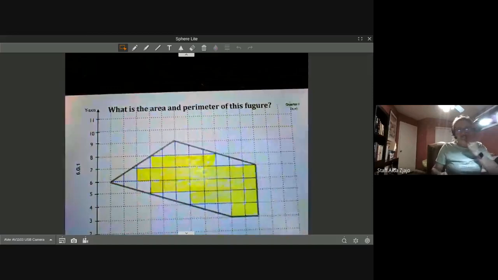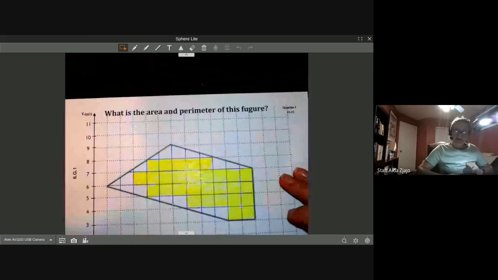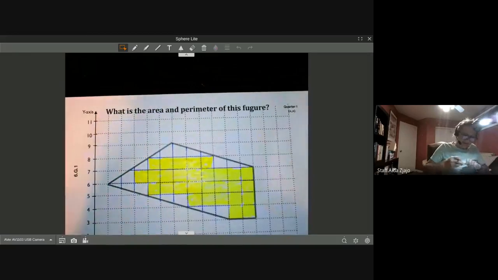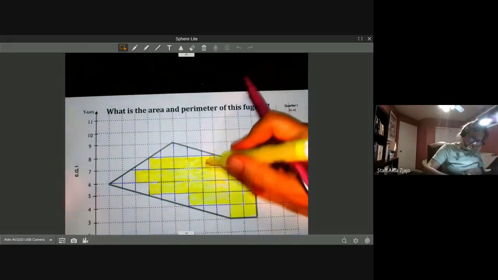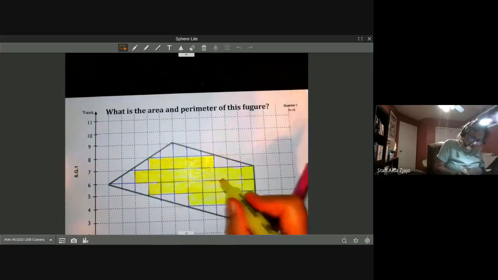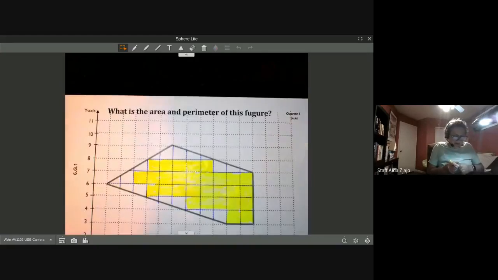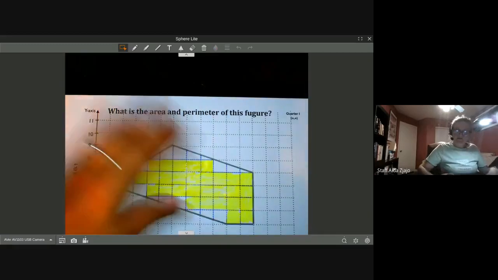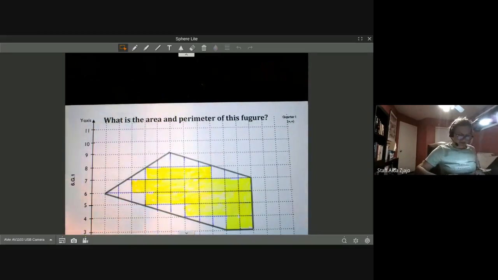So far, I have highlighted all the whole squares. And then I notice a pattern that I can use, because I teach students that every rectangle or parallelogram is created of two equivalent or congruent triangles.